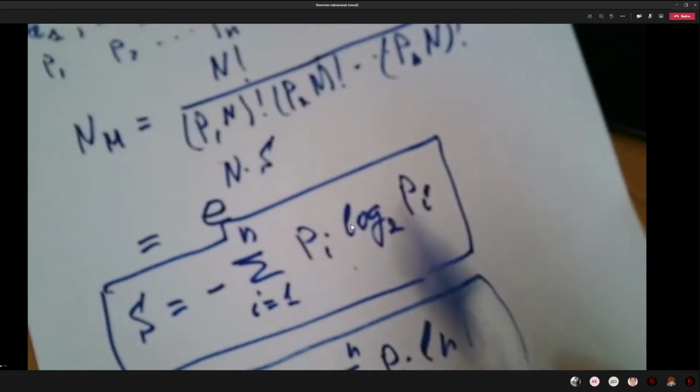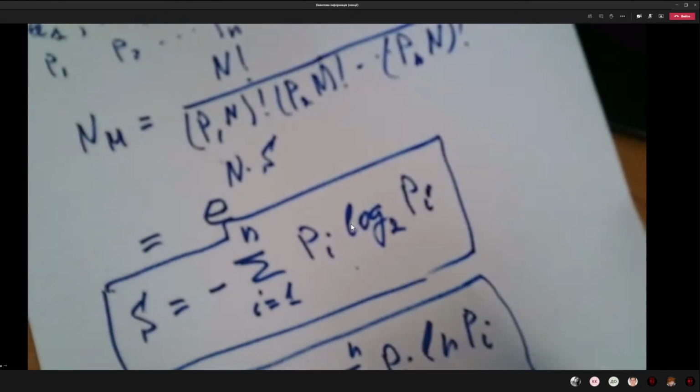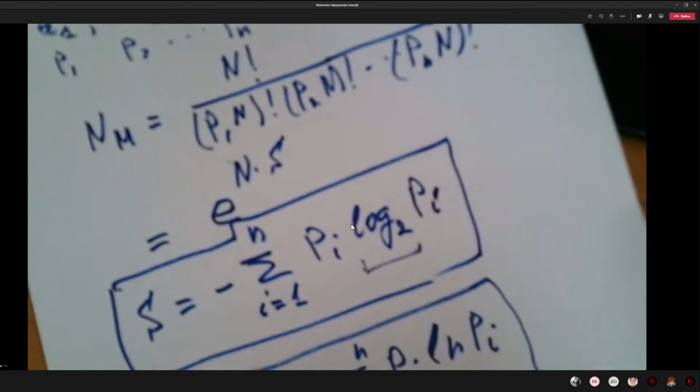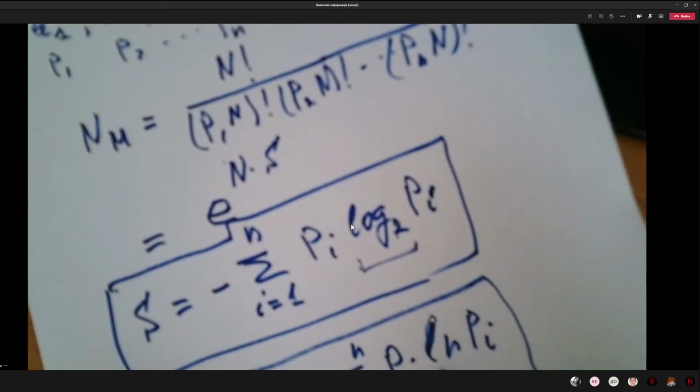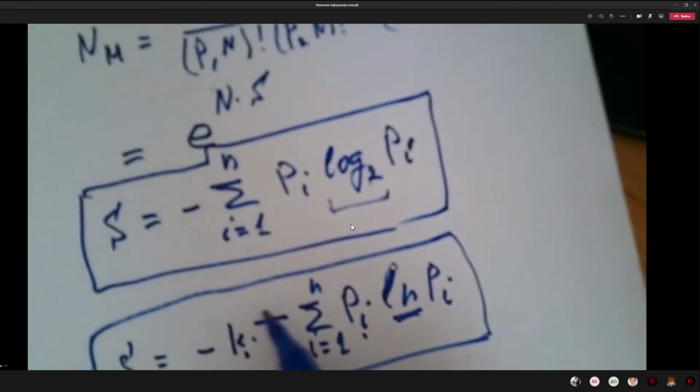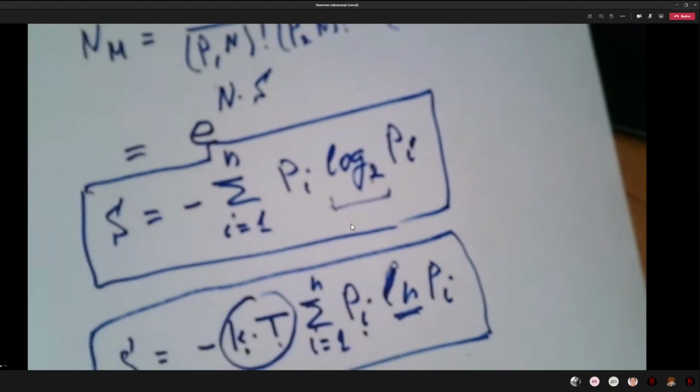You can find that it's a very, very similar formula, but in information theory here it is written a log in basis 2, and in the thermodynamical case here we write natural log. But in fact, it is a very similar formula. And here we also have a dimensional constant, which is related with energy. k multiplied by temperature gives dimension of energy.